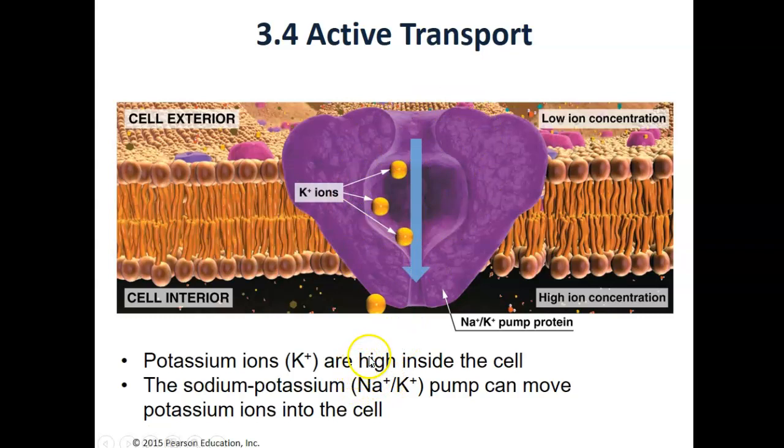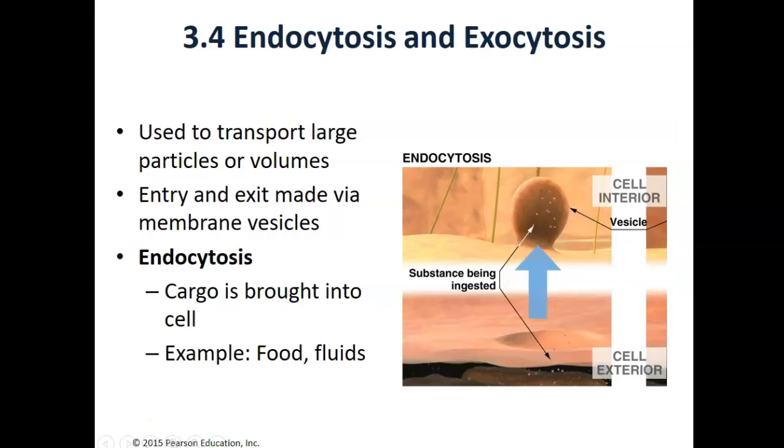Potassium is at high concentration inside the cell, but low in the extracellular environment. When you want to move the potassium from outside the cell, where it is the low concentration area, to inside the cell, which is a high concentration area, it will require the help of energy molecules to open the protein channels. This is called active transport.